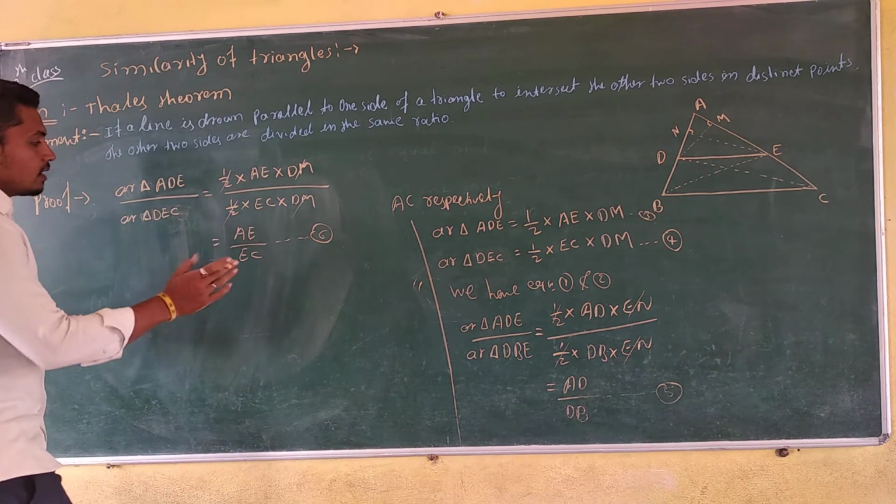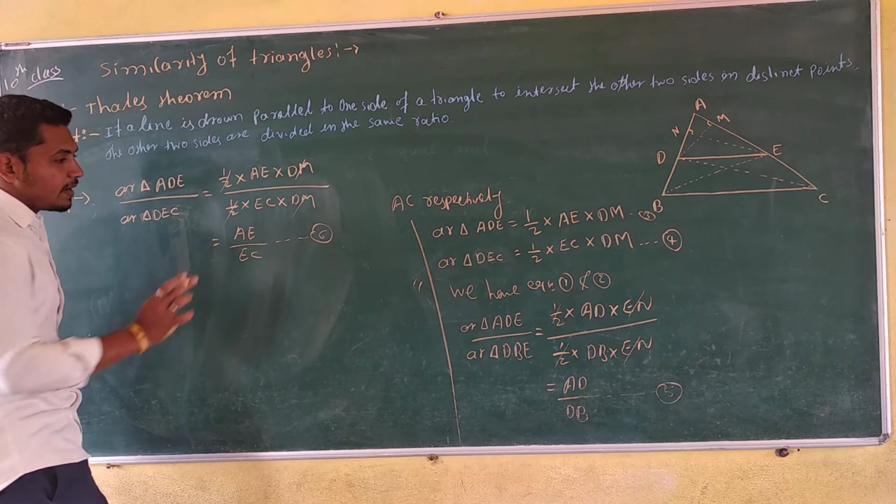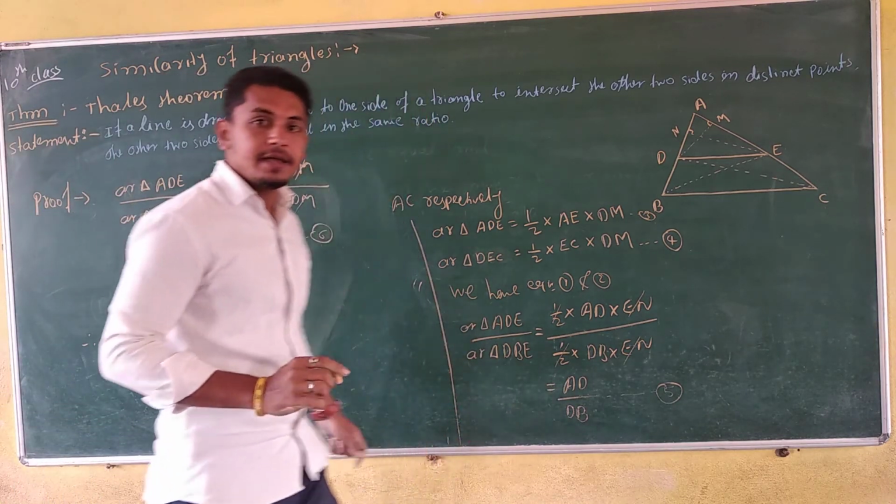Now see here, we get AE divided by EC and AD divided by DB.